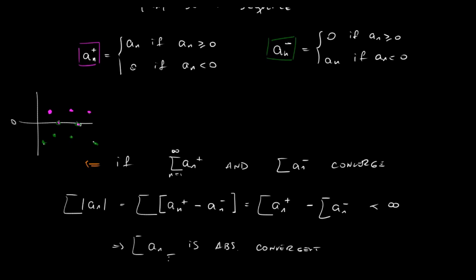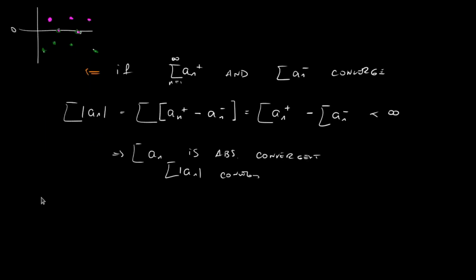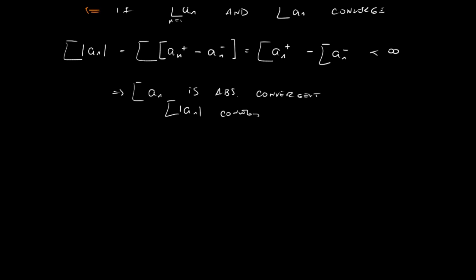That means that the sum converges with the absolute value. And now let's see the arrow the other way. We have that if the sum of a sub n with absolute value converges, we know, because of the corollary, that the sum without the absolute value converges.